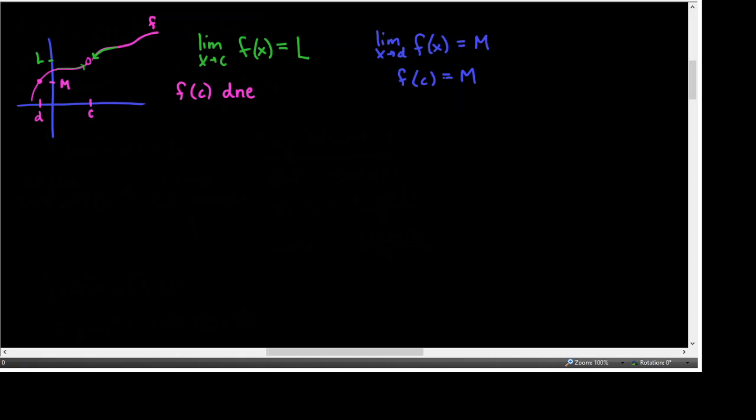So when we can substitute d into the function for x and get the limit, in other words, when this happens, that the limit as x approaches d of f of x is actually equal to f of d, then we can actually evaluate the limit analytically by doing that direct substitution.